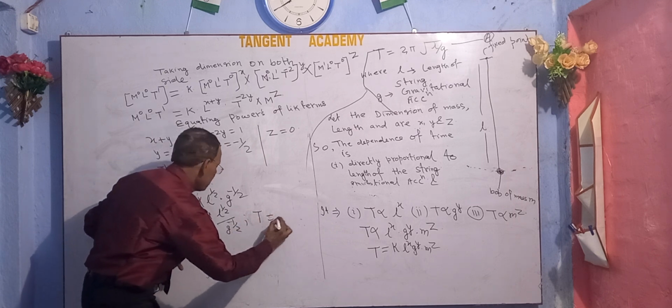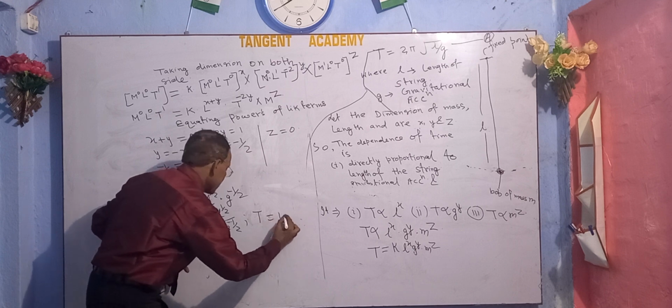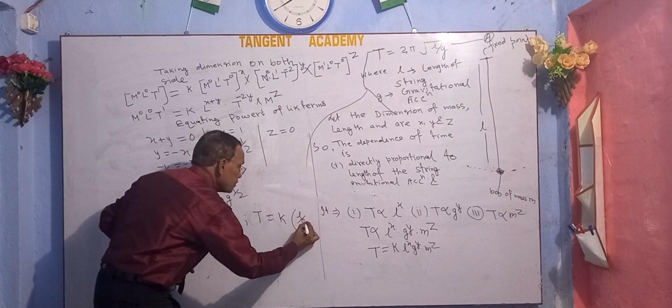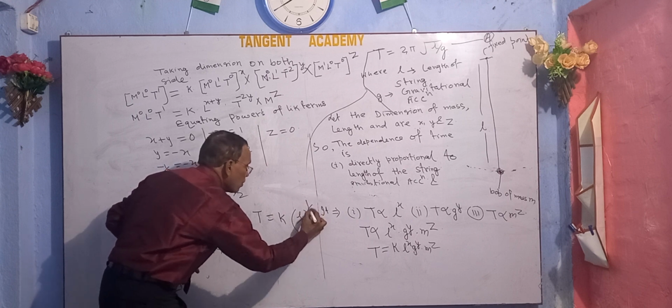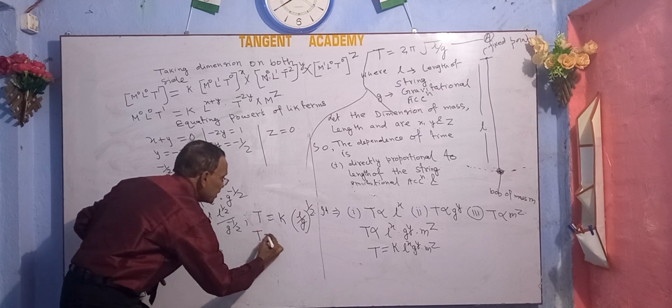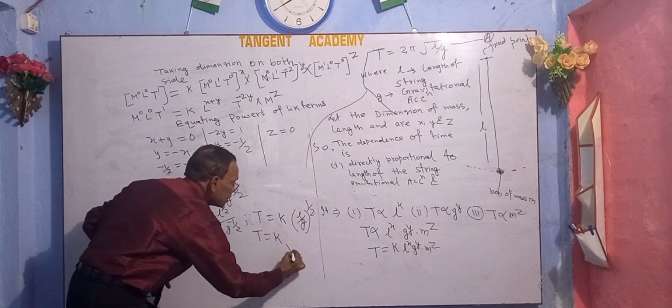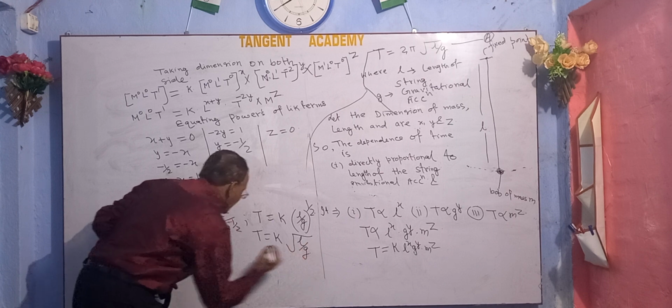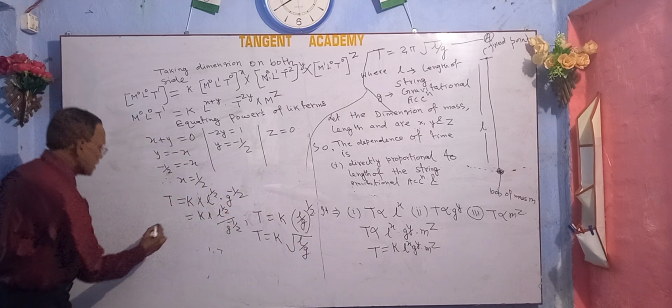Therefore time period T will be k times L by g, whole power half, which is T is equal to k times under root L by g, where k is a dimensionless constant.